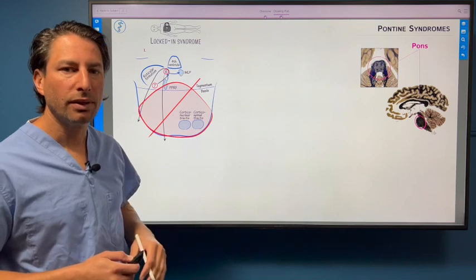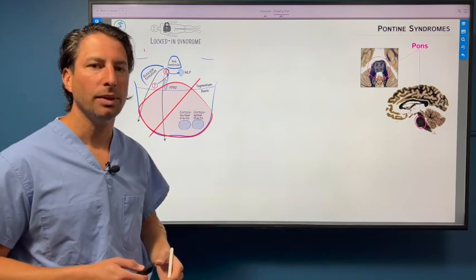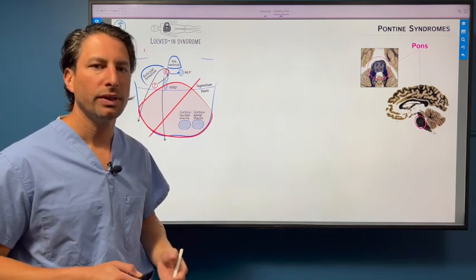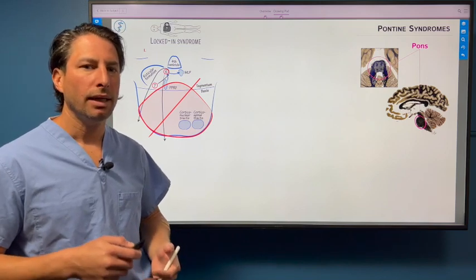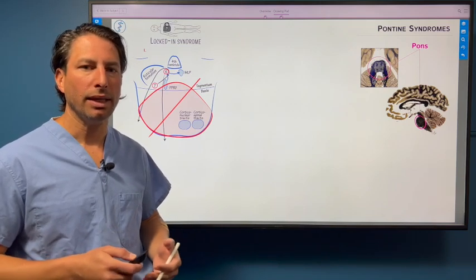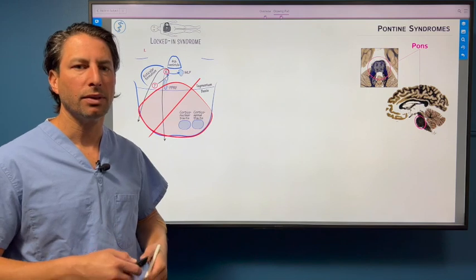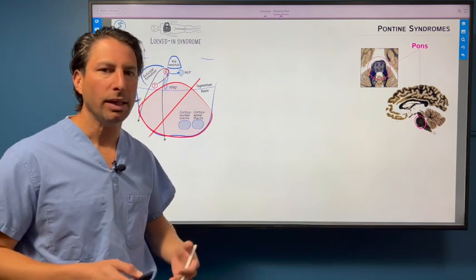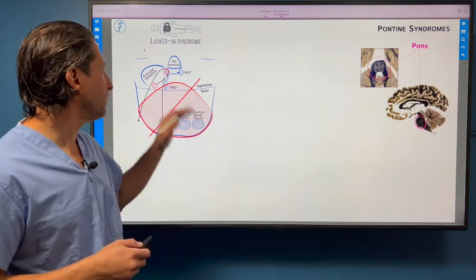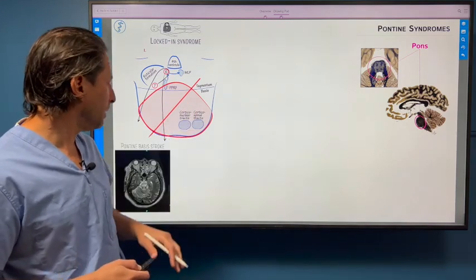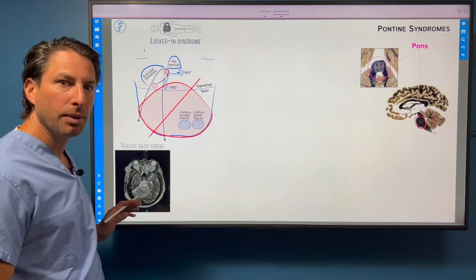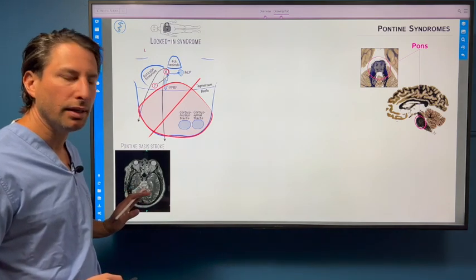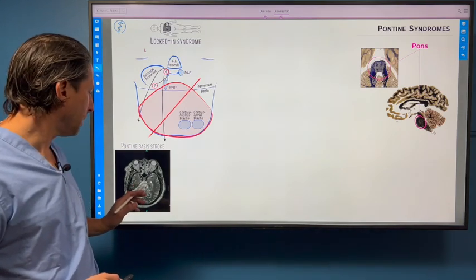Horizontal eye movements are affected, but vertical eye movements are typically preserved. And then there's also a relaxation eye blink that can be preserved, and so patients can be trained to communicate through eye blink, and it's actually a relaxation of eye blink. And this is the appearance of a locked-in syndrome, injury to the pons here.